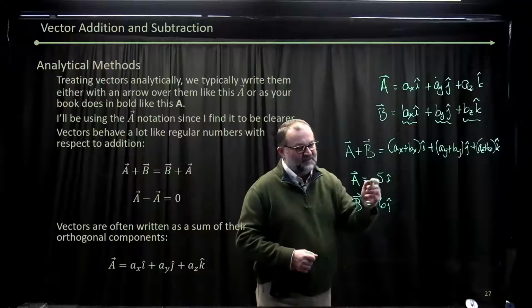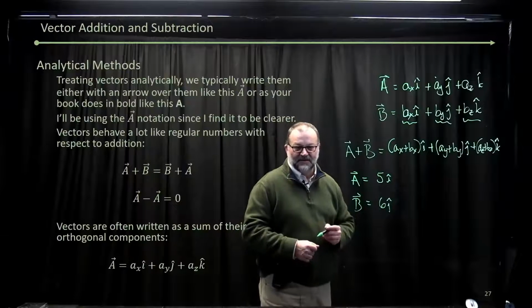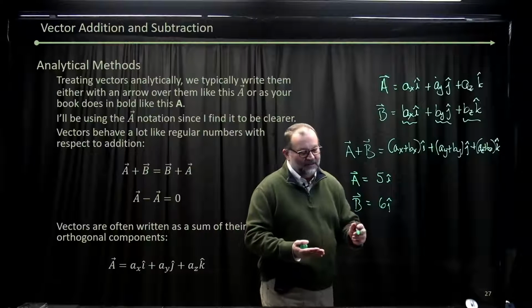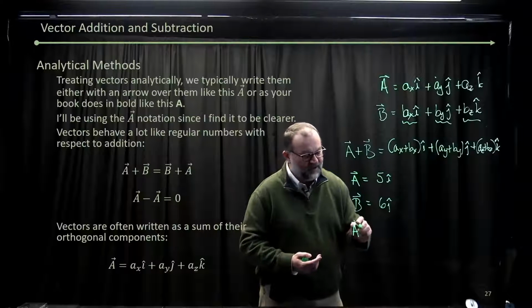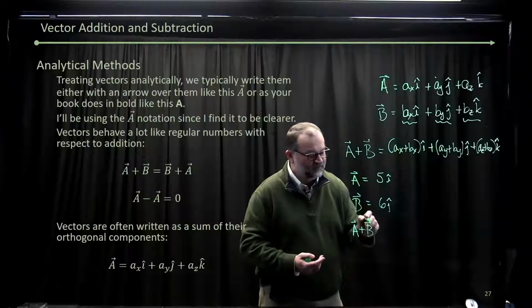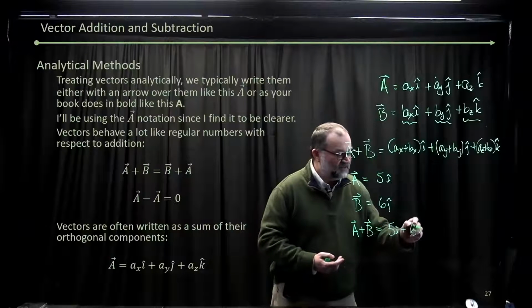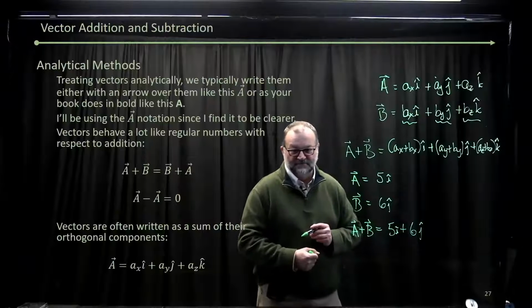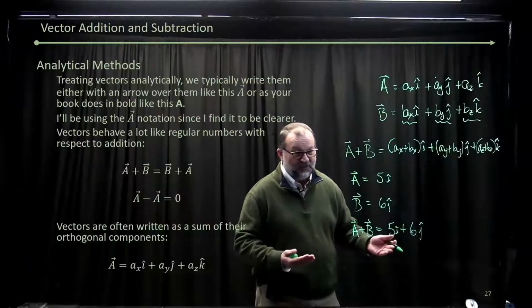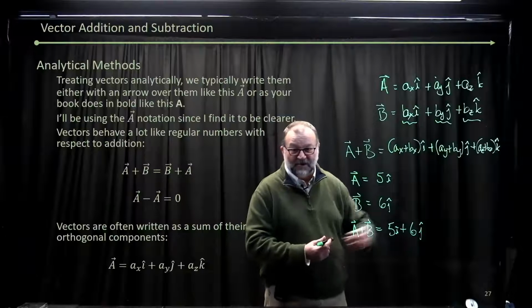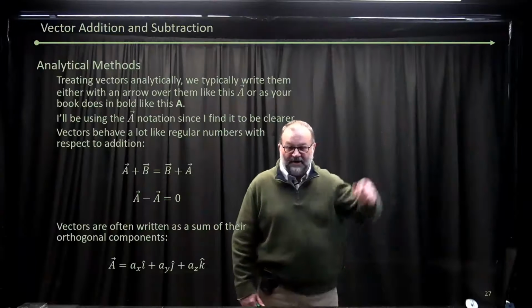Well, this is an X piece, that's a Y piece. They don't add to each other directly, and so the sum is 5 i hat plus 6 j hat. It's pretty straightforward. Let me make all this go away. Okay, next slide.